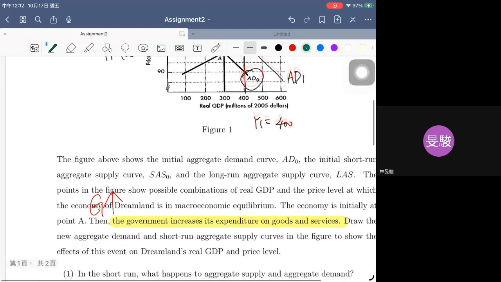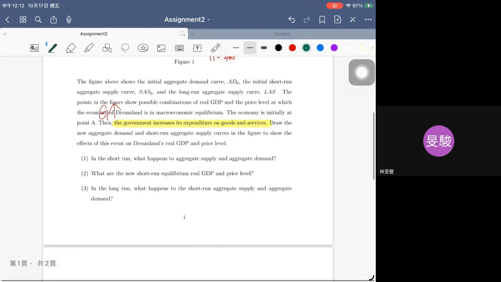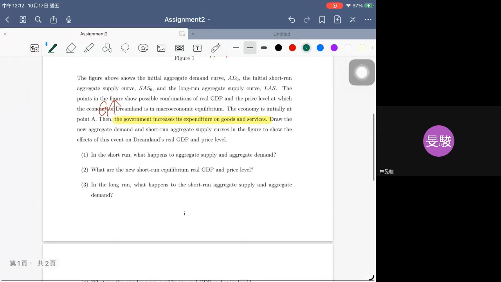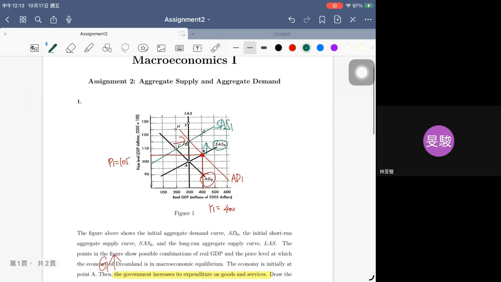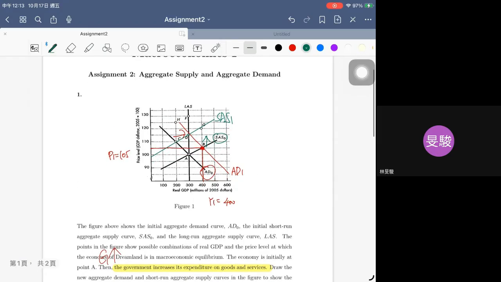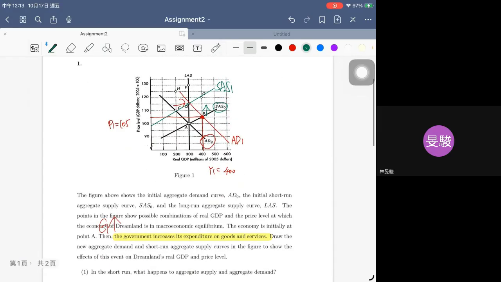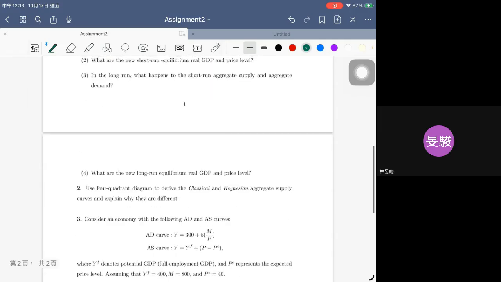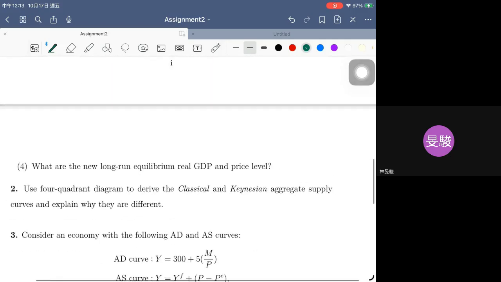So number 3 we have finished. It is just how short run AS and AD shift. And number 4: what are the new long run equilibrium real GDP and price level?